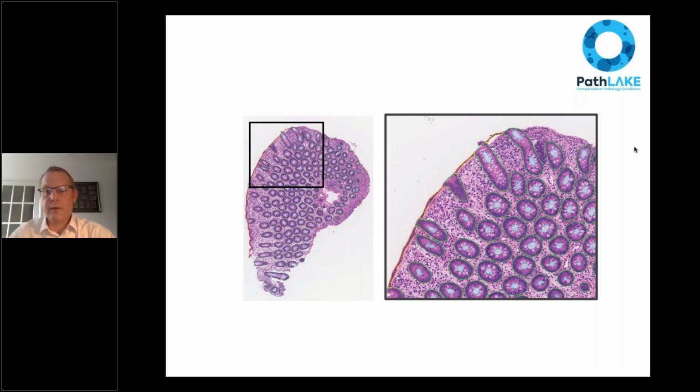So this is a computerized annotation rather of the whole slide image of normal colon, showing the boundaries of the glands and the surface epithelium. And you can see how neat and crisp and accurate this is in comparison to manual labeling that would be done by pathologists.